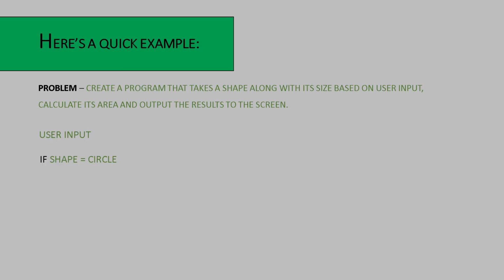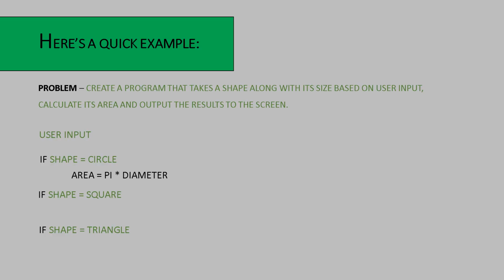As you can tell, if the shape equals a circle, we're going to have a section for that, as well as square and triangle. Within those sections, we will allow the program to do the math, the calculations, the heavy work, the bulk of the work within the program, and then allow the output to come from within those sections.